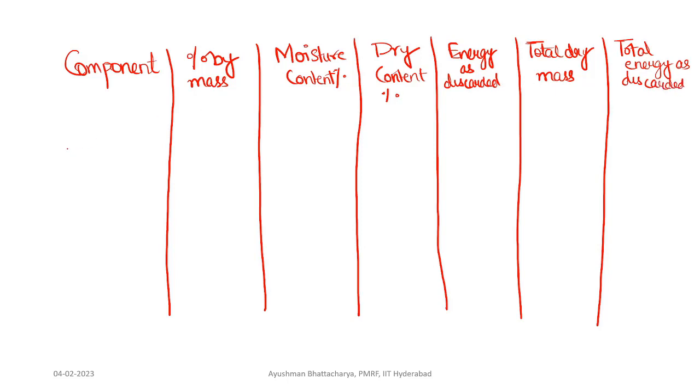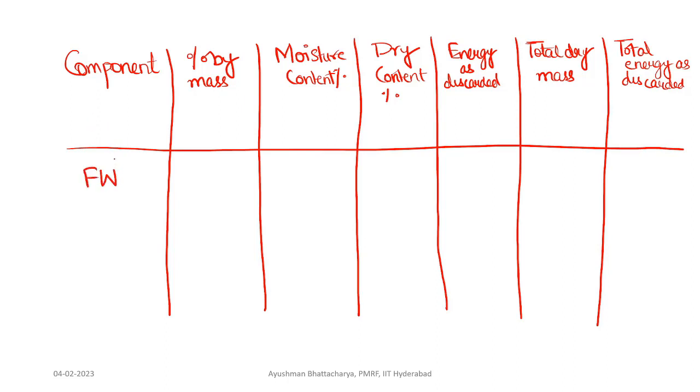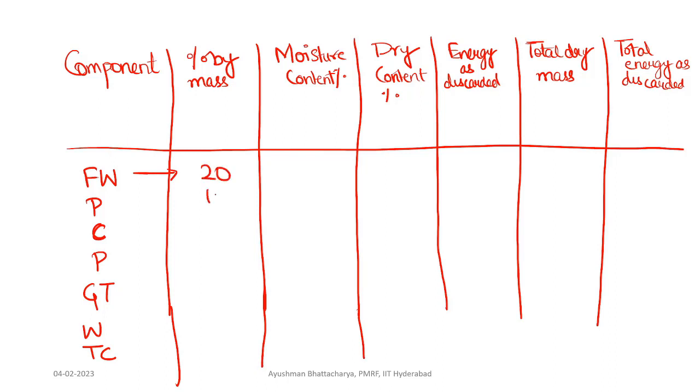Okay, so first is food waste. FW I am writing as food waste. Then paper, cardboard, plastics, garden trimming, wood, and tin cans. Okay. So now given in the question, food waste is 20, 10, 10, 10.